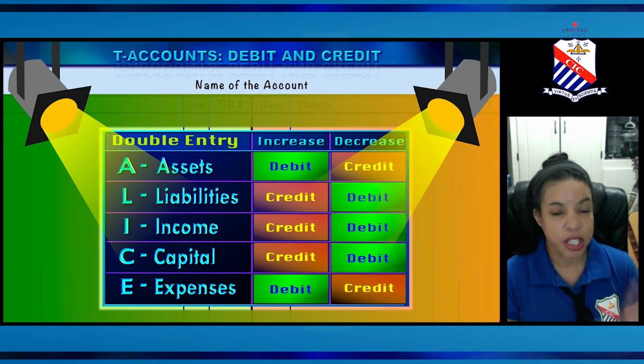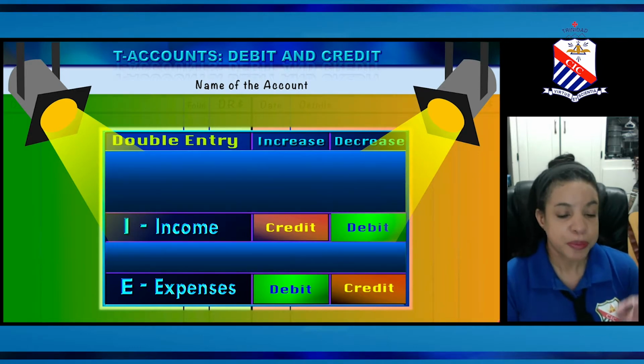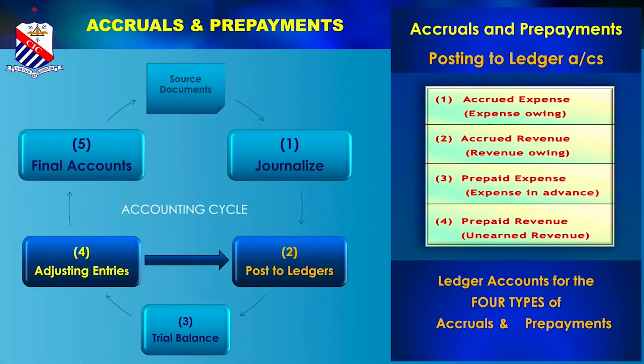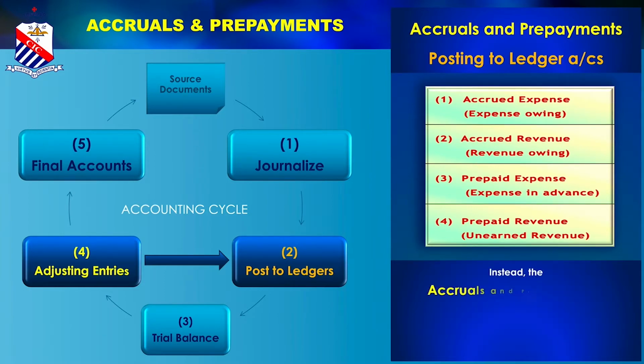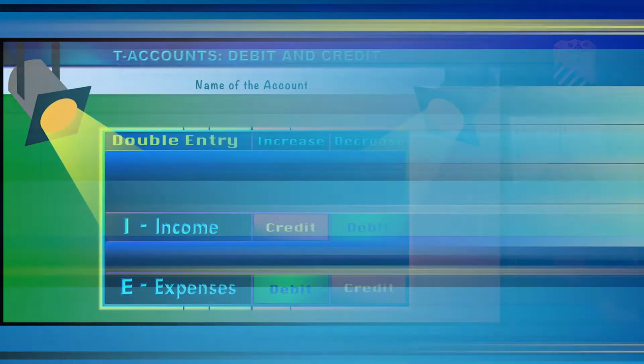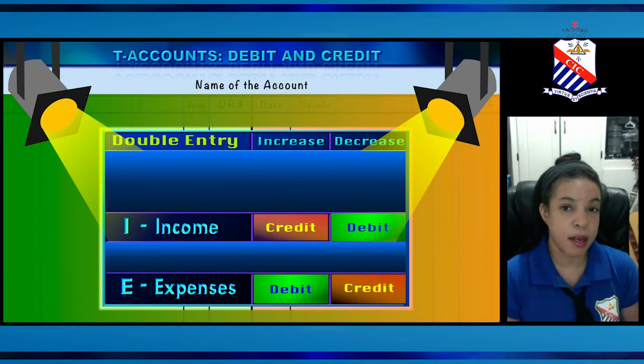But for this one, as we said before, we are not going to be recording the accruals and prepayments in their assets and liability accounts. Instead, we are going to be recording it as opening and closing balances in the expense and income account. So because of that, we are going to be only focusing on the income or revenue account and the expense account.